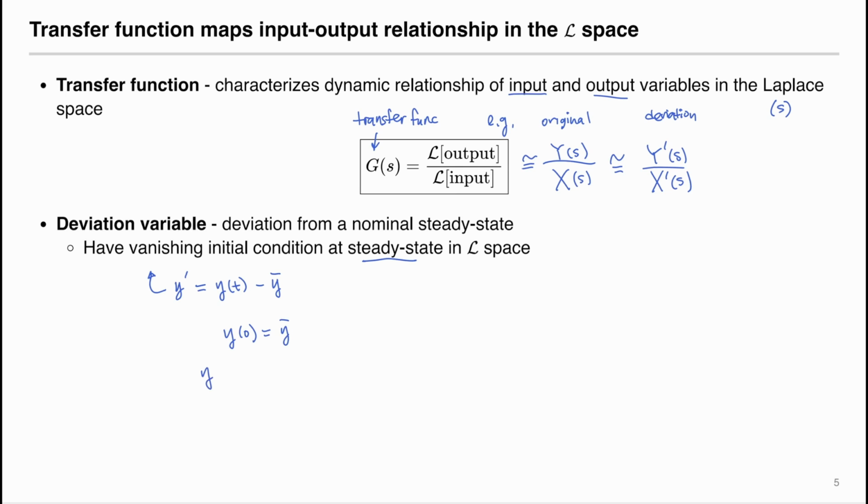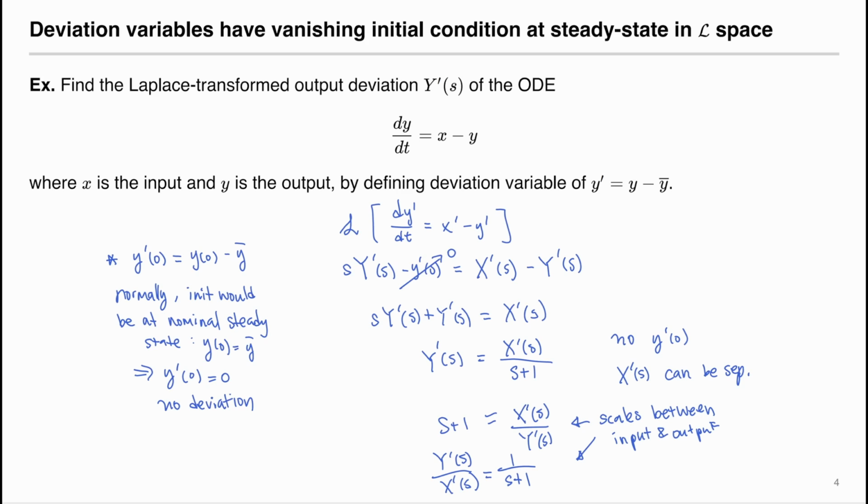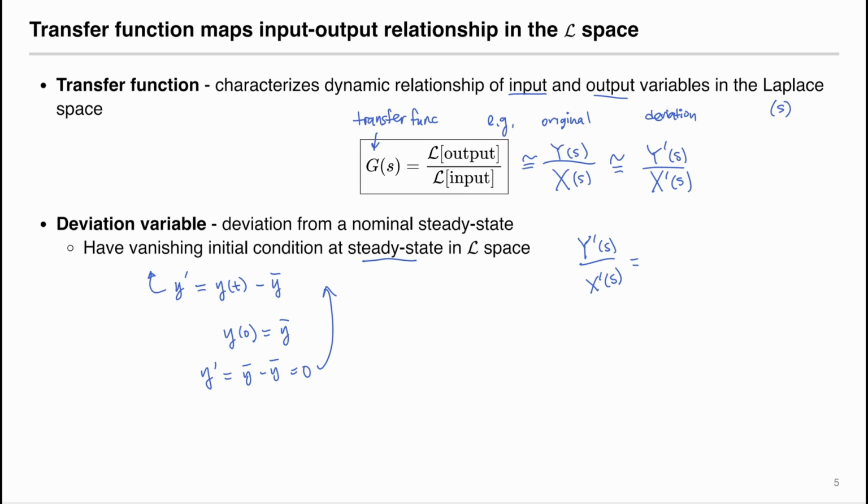And therefore, y prime equals y bar minus y bar, which is 0. It has a vanishing initial condition. And what we wrote out in the last slide is that y prime of s divided by x prime of s equals, let's check, 1 divided by s plus 1. And this is the transfer function for that ordinary differential equation.